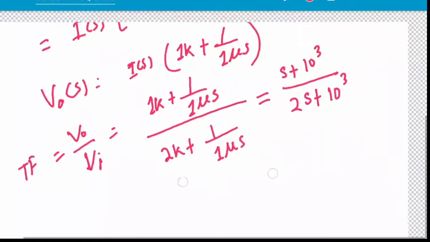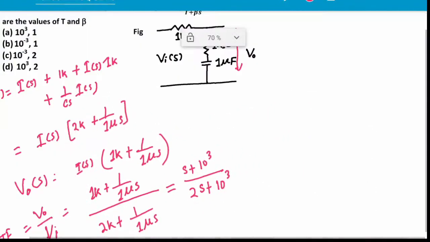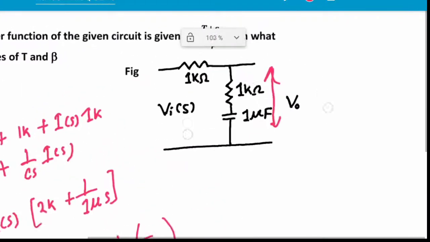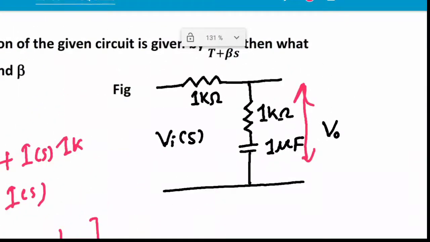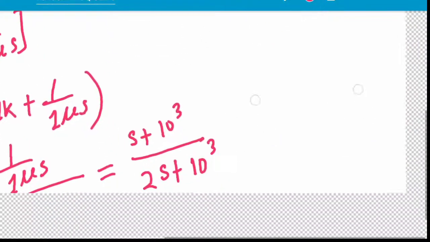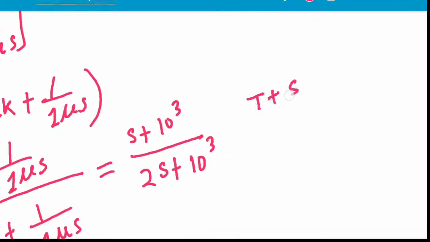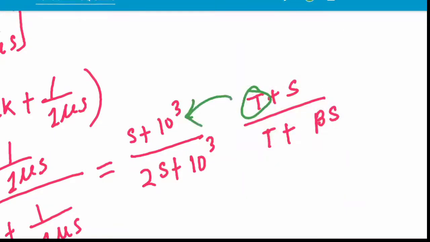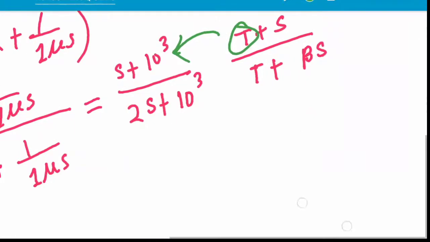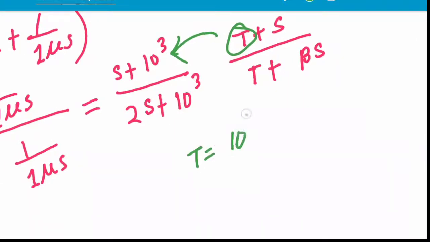And what is the transfer function given in the question? Here, T plus S by T plus beta S. So here T value is 10 to the power 3, and the unit will be second inverse.